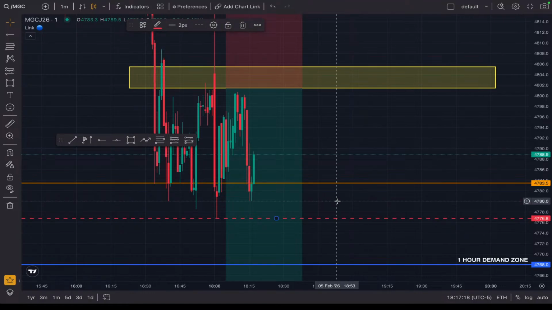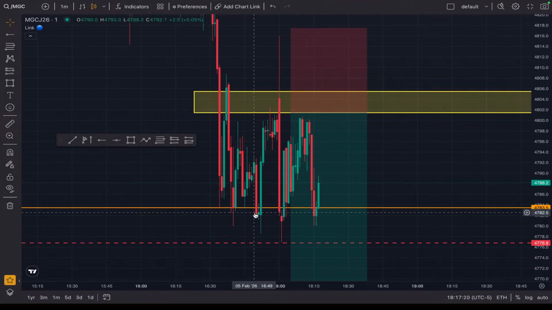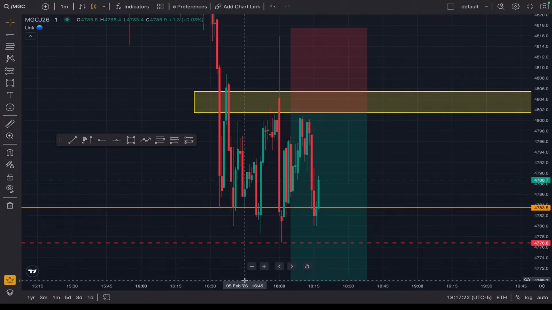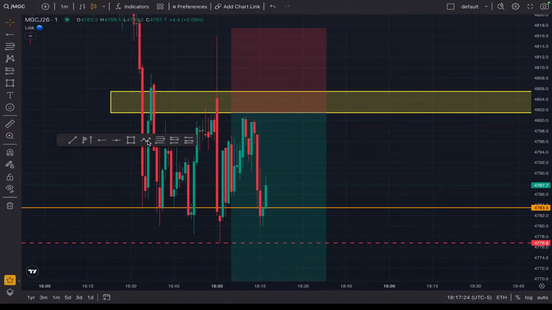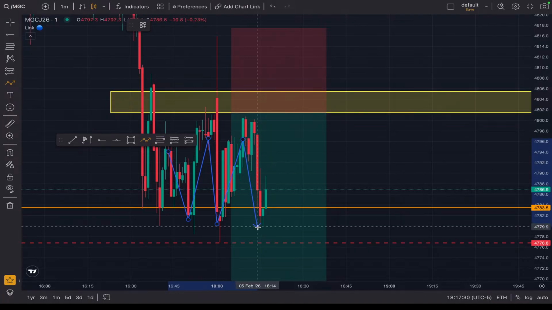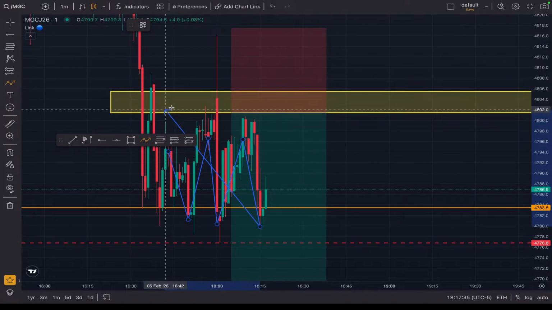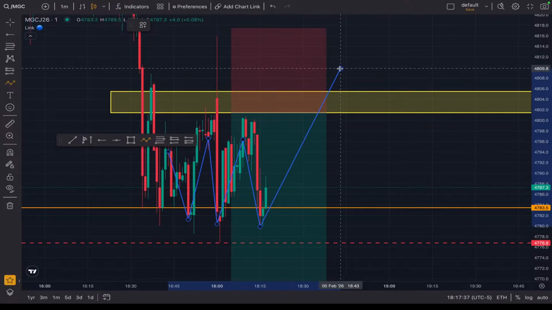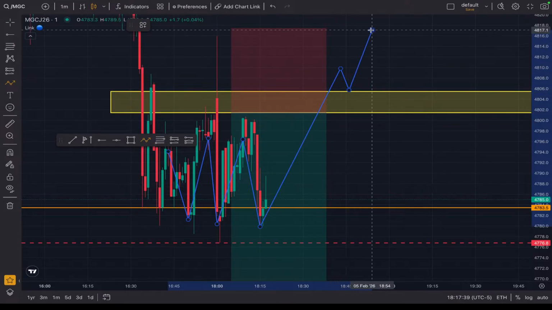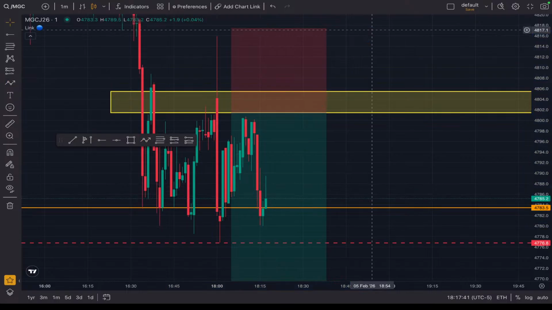Also, look at this. This is an inverse head and shoulders because we got our shoulder, we got our head, then we got another shoulder right here. So if price breaks above this neckline, price might actually go up a little bit. But this is on a 1 minute, so we can't really pay this no mind.